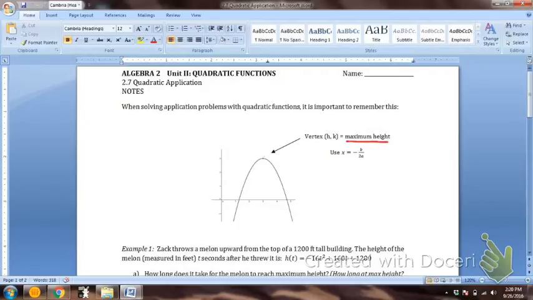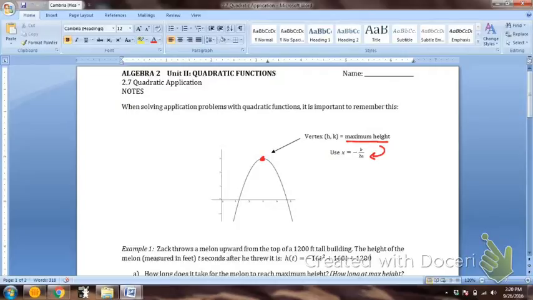Whenever you see the word maximum, you should begin using this formula. All right? So whenever you see the word maximum, you should begin the problem automatically by doing the opposite of b over 2a. Because would you agree that this point right here on my parabola is the maximum?